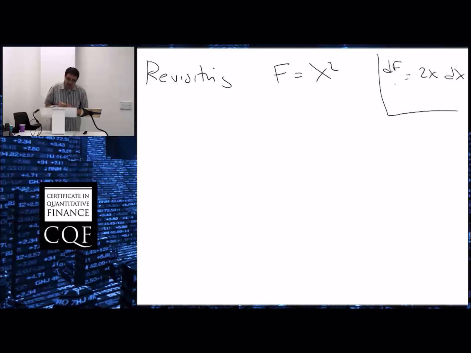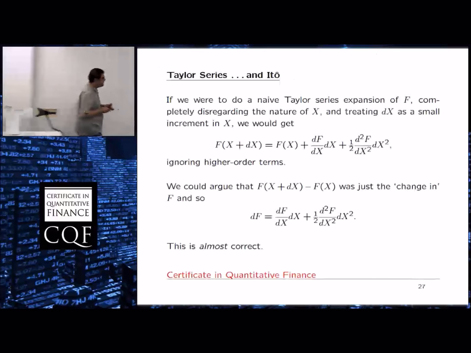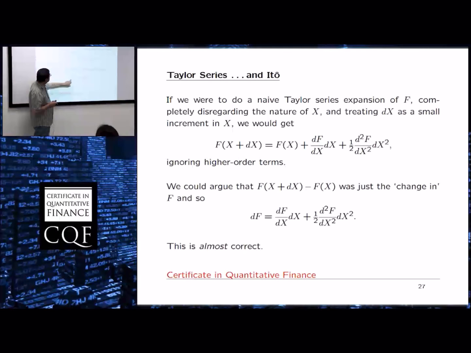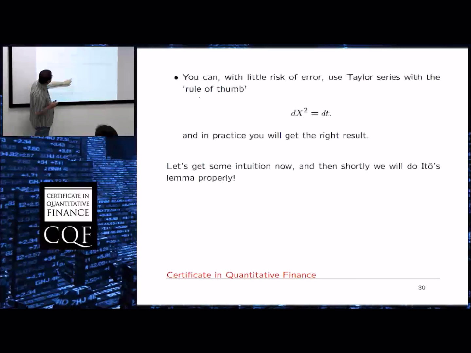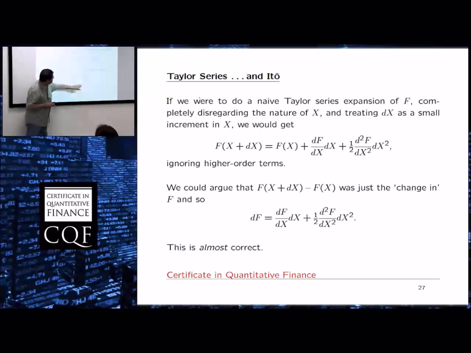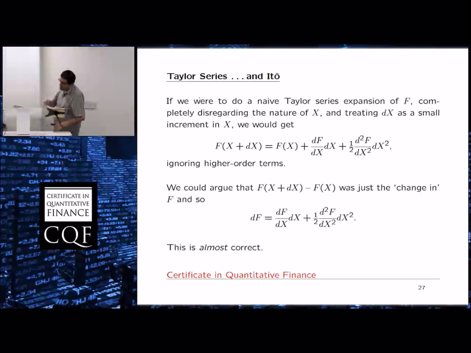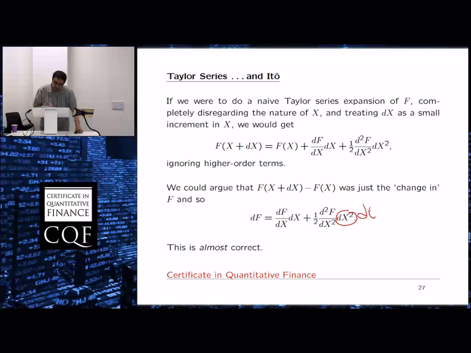There we go. Right, now, what we're going to do is use this. Paul hasn't put that, so shall we just, in red, change this to dt. Okay, and apply to f equals x squared.